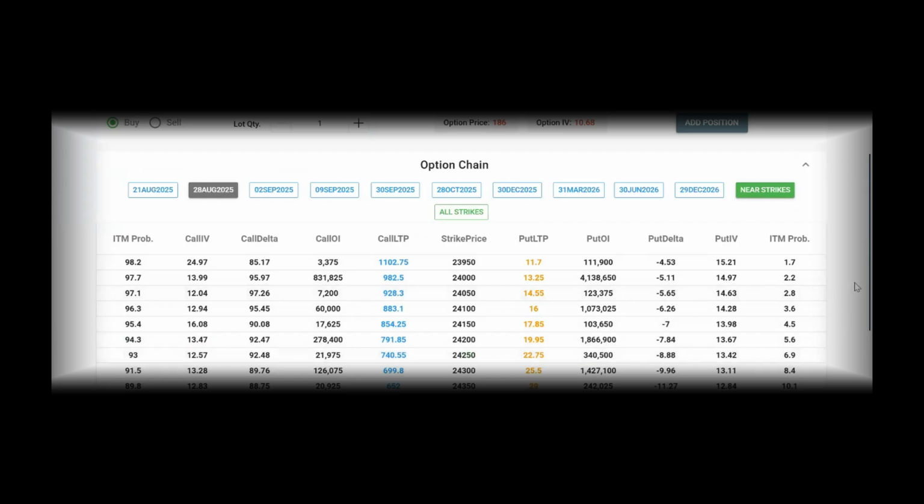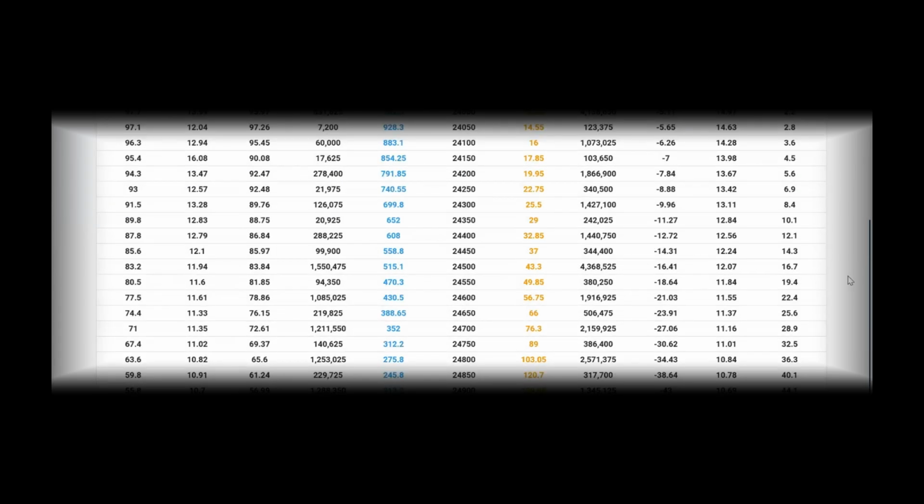Okay, so we saw that a put option would mean that a person can sell a put option or buy a put option. When you sell a put option, you're hoping that the strike price is never hit so that you wouldn't have to give the payout.